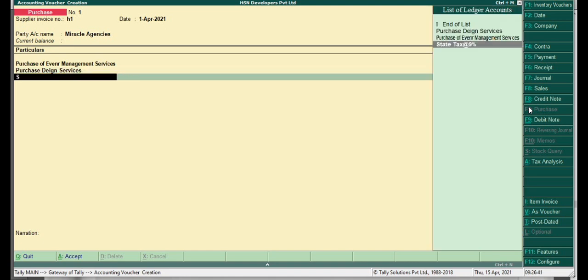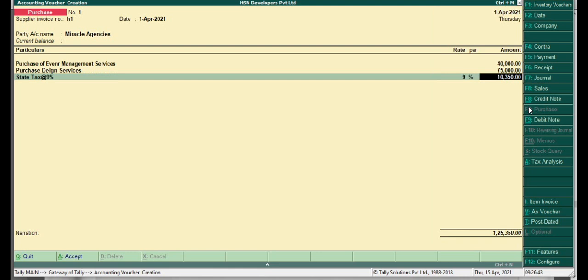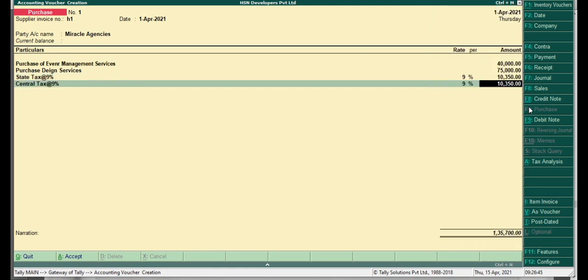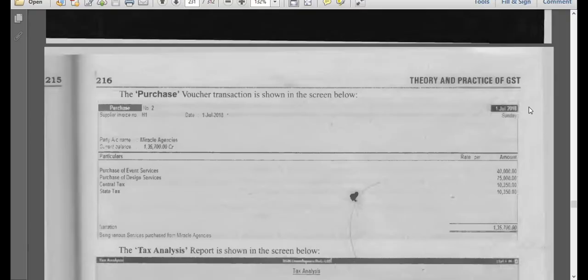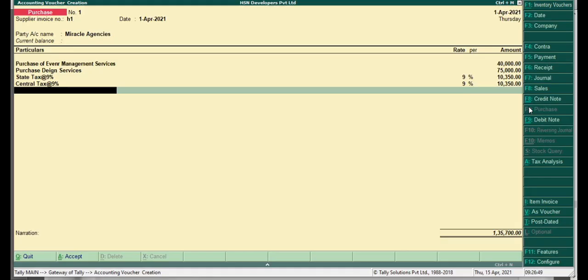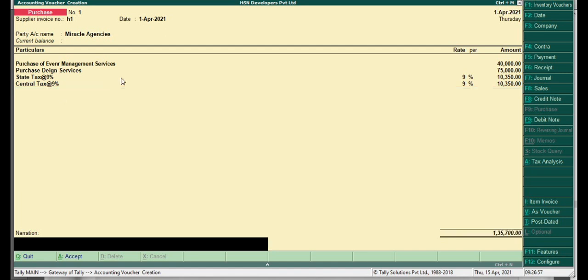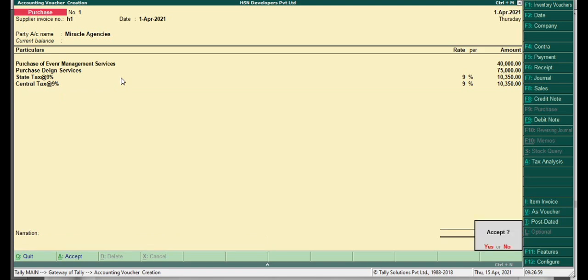State tax, central tax. So total is 1,35,700. So multiple services in a single voucher. Instead of going with two separate vouchers, I am going with a single voucher.